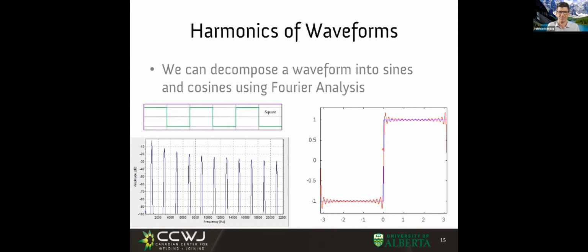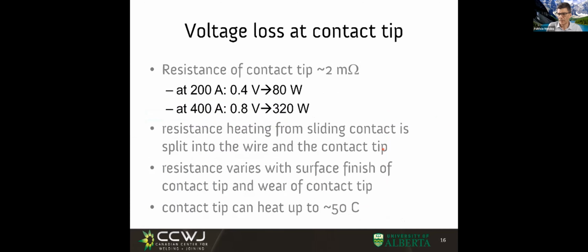Quite interesting. So, voltage loss at the contact tip. We already discussed the resistance of the cables. We discussed the impedance of the cables, just to make sure we're on the same page. So if I'm welding in DC, what should I worry more about, the resistance or the impedance?